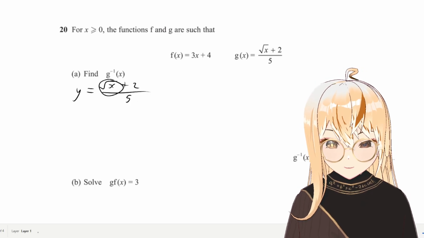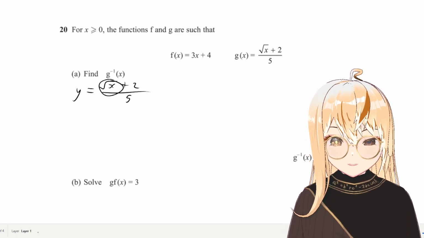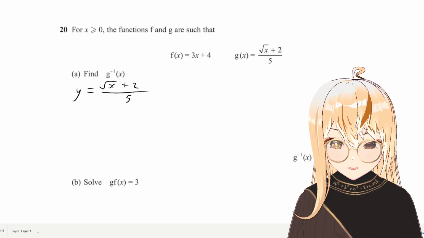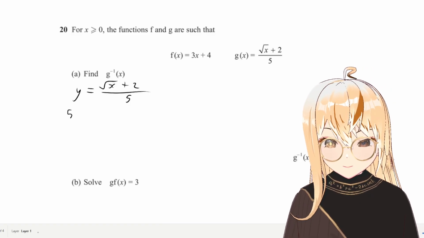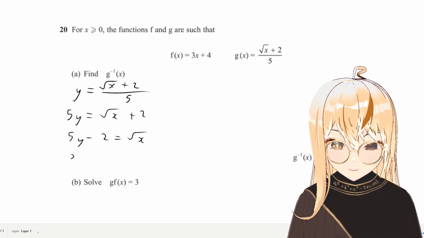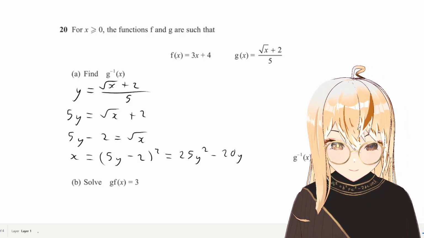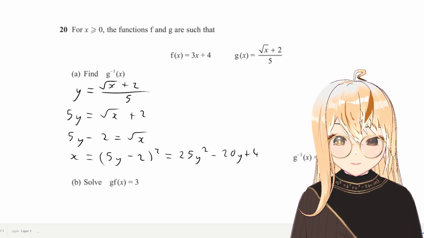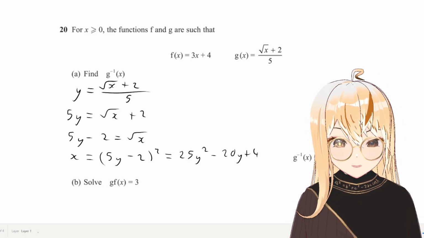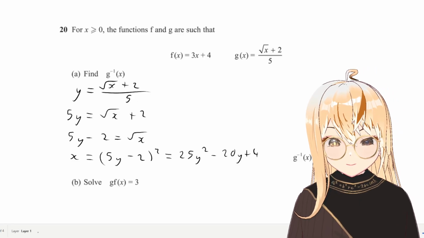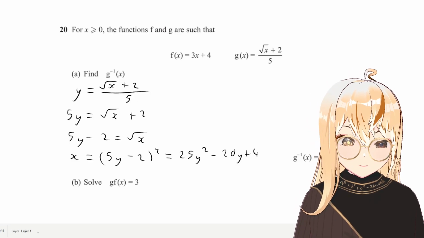And so we'll have to move things around in this equation in order to get x by itself. So we can begin by multiplying by 5, subtracting 2, and then squaring both sides. And I skipped a few steps, but I basically just expanded the double brackets that would come out of that square. And so now we have x is equal to 25y squared minus 20y plus 4.